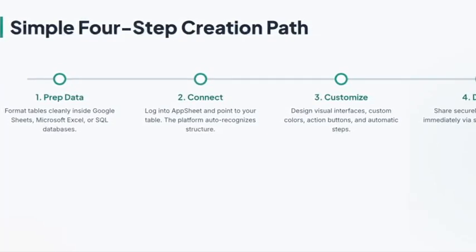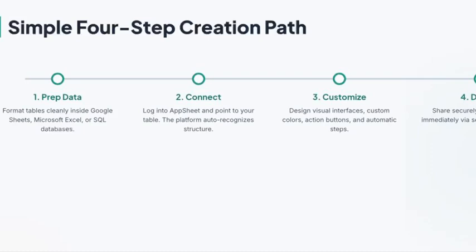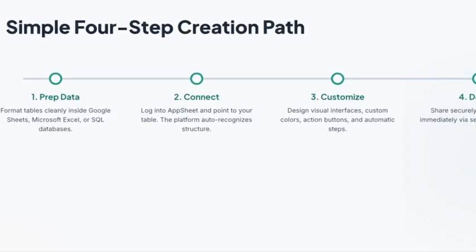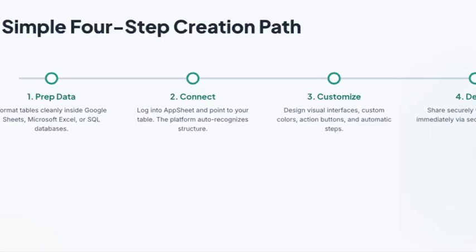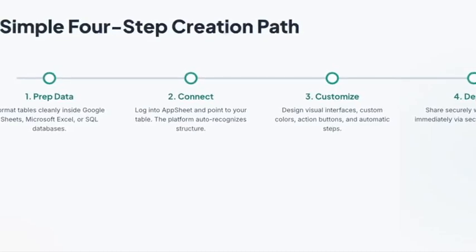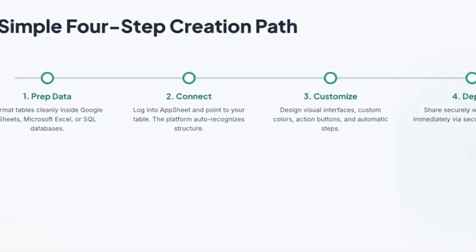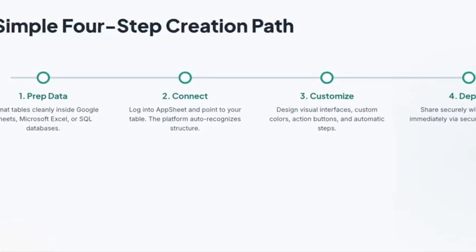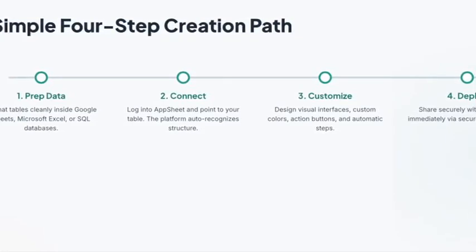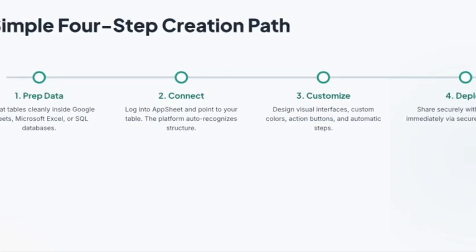Log into AppSheet and point it to your spreadsheet. It instantly analyzes the columns and creates a default app. The third step is to customize your app. You can easily choose layout templates, add custom branding colors, and build visual action buttons or automated rules.